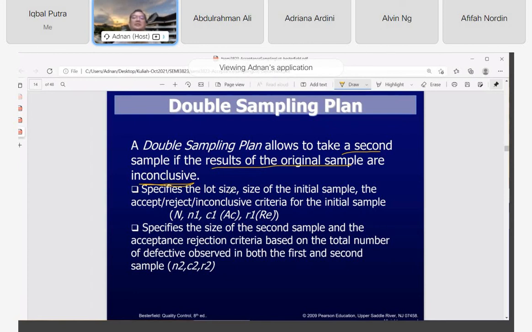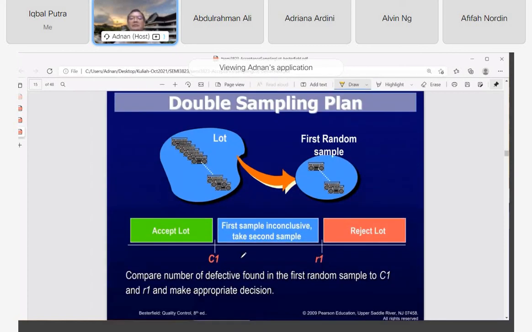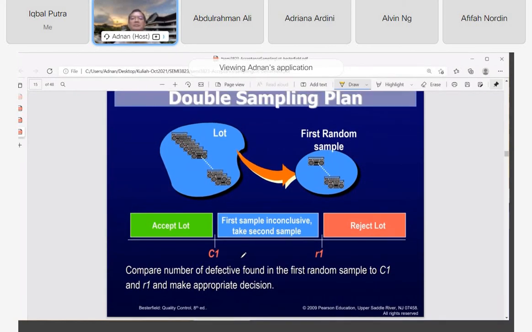You specify the size of the initial sample, the accept, reject, and inconclusive regions for the initial sample, and specify the size of the second sample. After the second sample, we must decide accept or reject. Example here: you take the first sample from the lot.